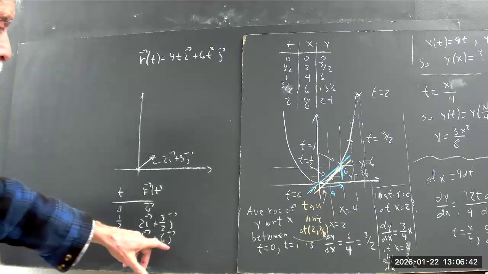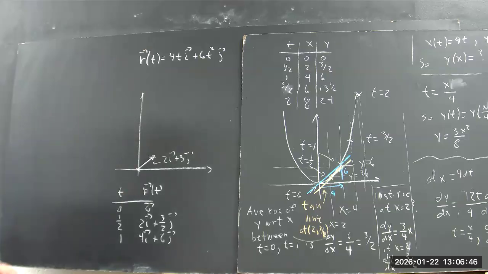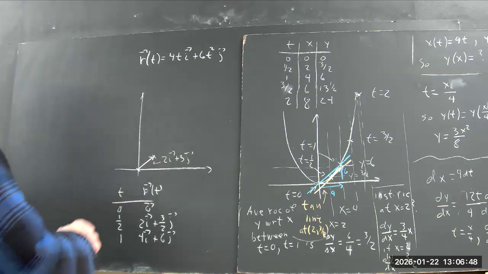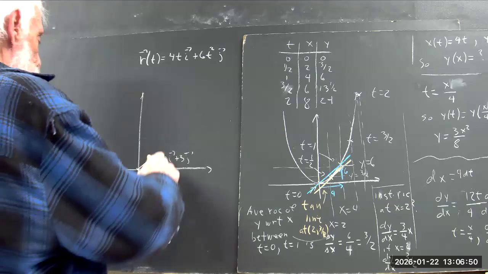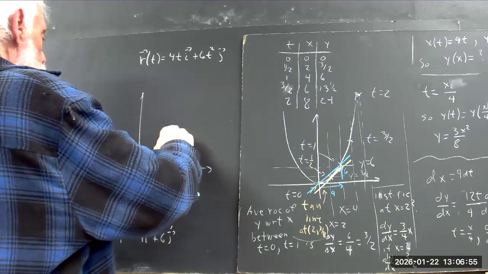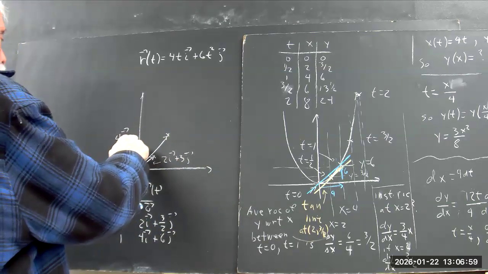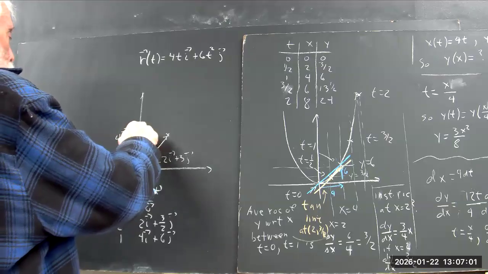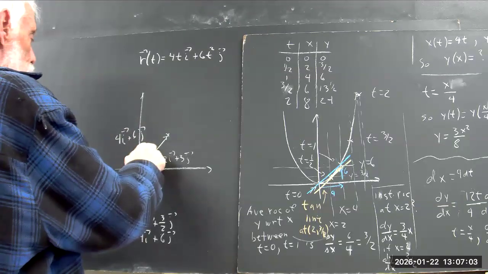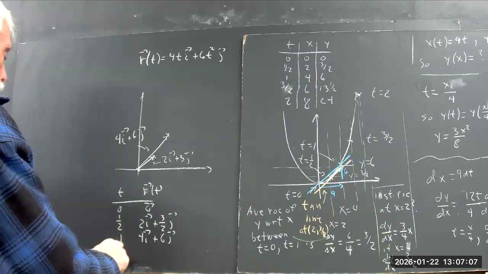And that vector, if you do the arctangent of the y over the x, is going to have a little bigger angle than this one, and it's going to be a good bit longer. Maybe it's here. Not going to try to be real accurate. Consider this kind of a semi-schematic.